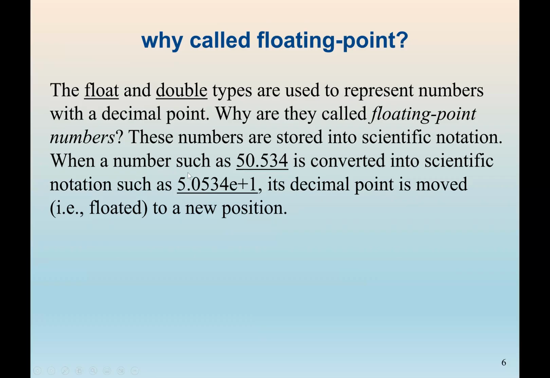So if we have a number such as 50.534, when it's converted into scientific notation, it will be 5.0534e+1, because we move the decimal place to the left. Its decimal point is moved, or we say floated, to a new position.